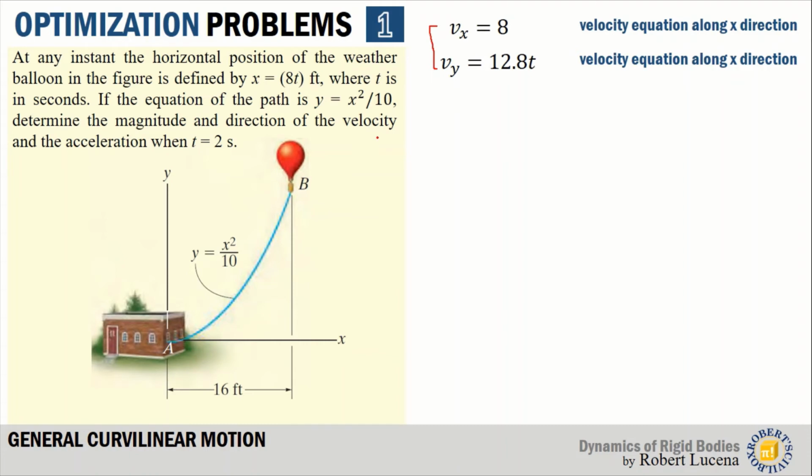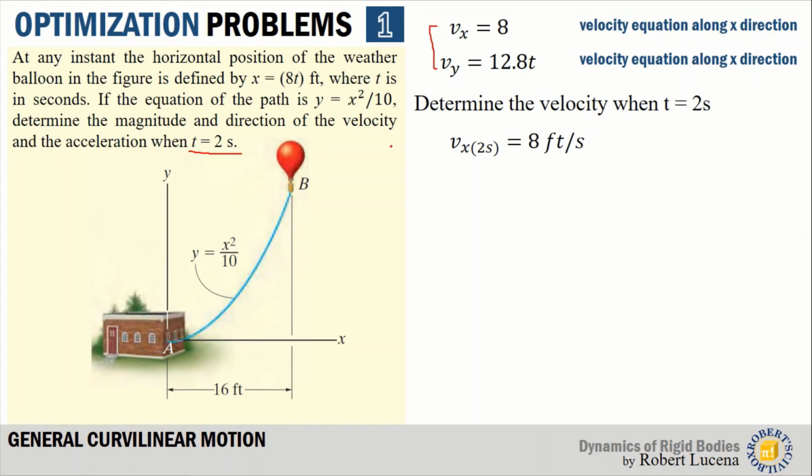So our objective is to get the velocity when time is 2. So when time is 2, the velocity about x-axis is still 8 because it is constant, or it has a constant velocity along x-axis. But the velocity about y-axis is variable because of the value of t here.